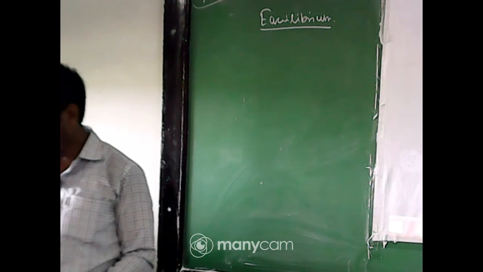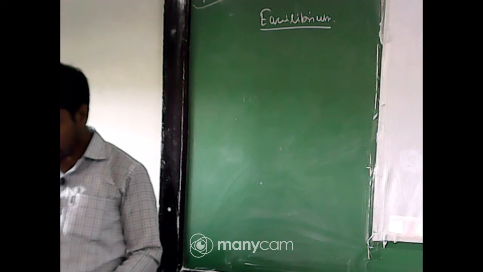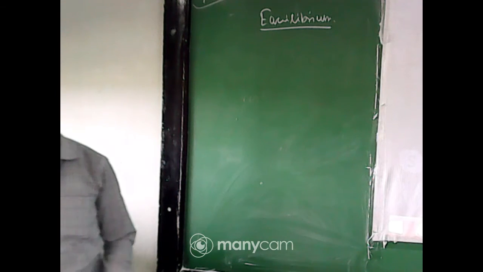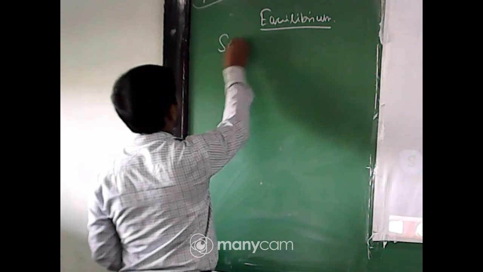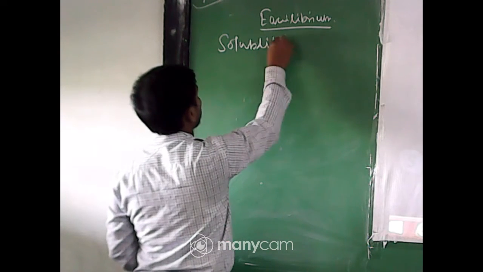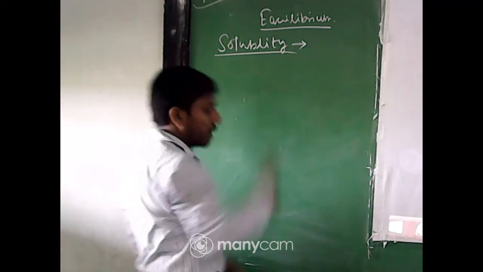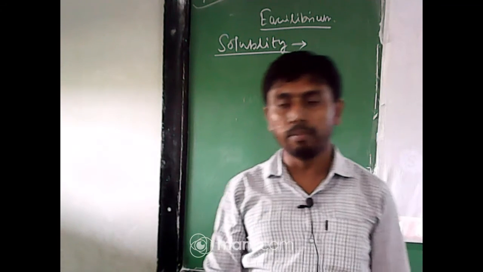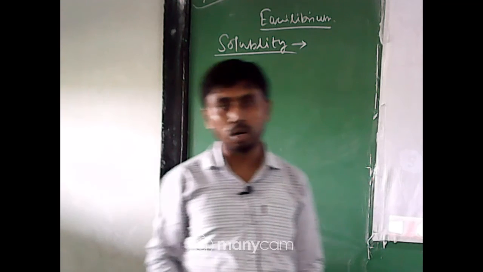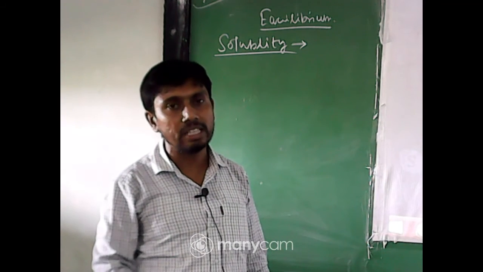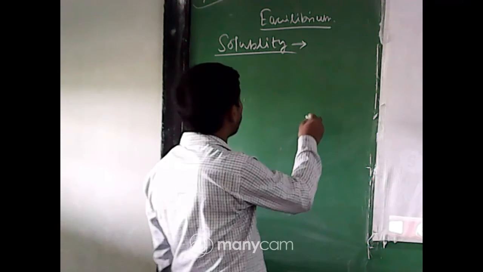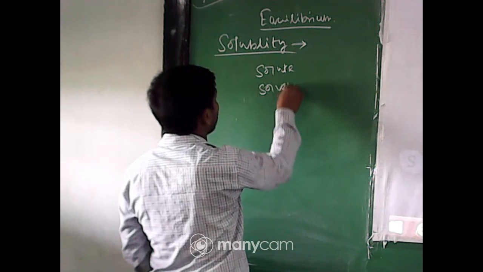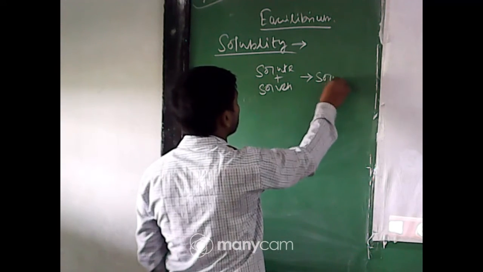Next, we have to move to what is solubility and solubility equilibrium. What is solubility? We have a common concept of dissolving some compounds or substances in any solvent. The important terms we know are solute, solvent, and the combination of these, that is solution.